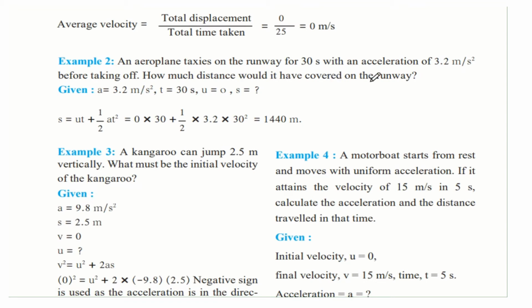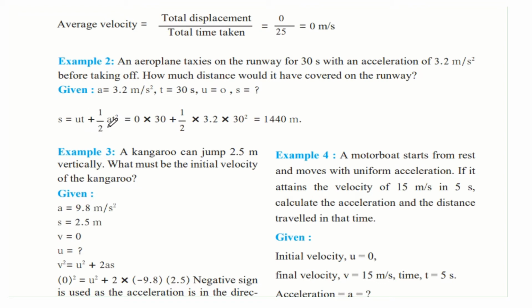So here they have given us acceleration and time, and they are asking us the displacement. So we have to see which Newton's law of motion was telling us the relation between displacement and time. And that was the second law of motion, that is S is equal to ut plus half at square.